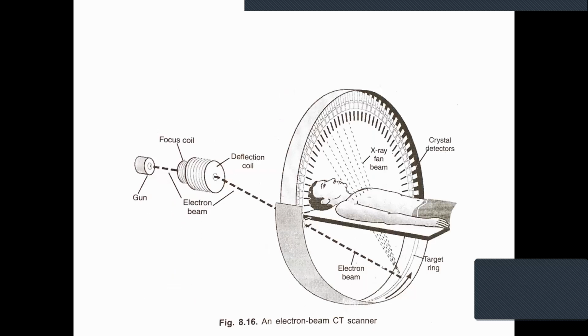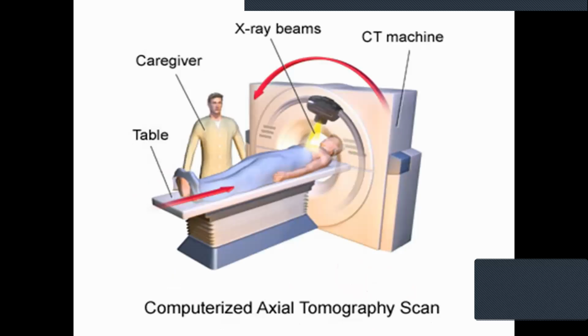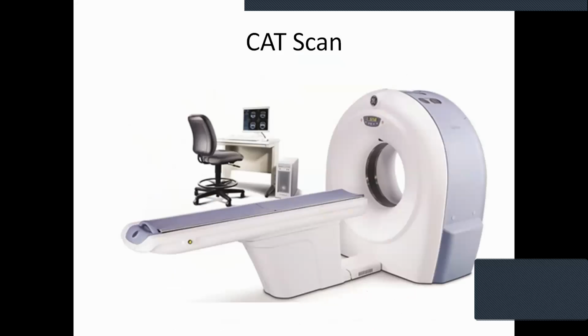This is another electron beam type of CT scanner, which can move apart from the individual CT scan. This is a computer image, like some image for CT scan. This is a practical CAT scan machine.